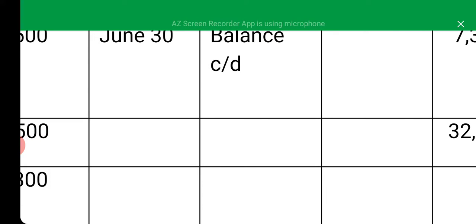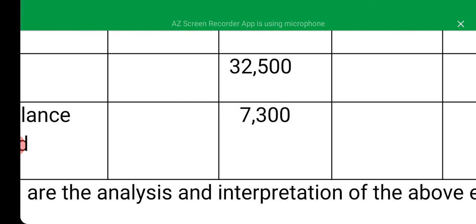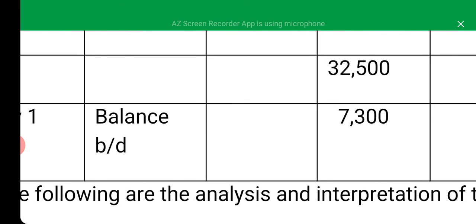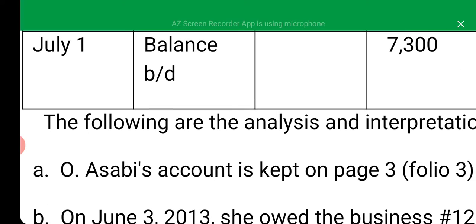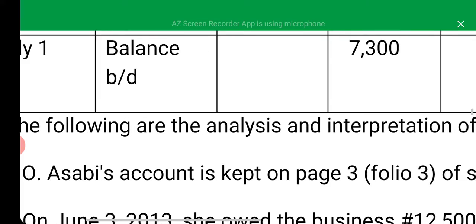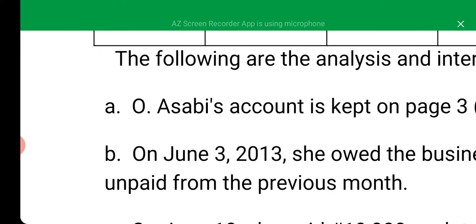So we have the total for each side now to be 32,500 for credit side and 32,500 for debit side. So the balance brought down that will be taken to the next month, which is July 1 now, will be 7,300. So let's look at the analysis of the table or the interpretation. The following are the analysis and interpretation of the above example.